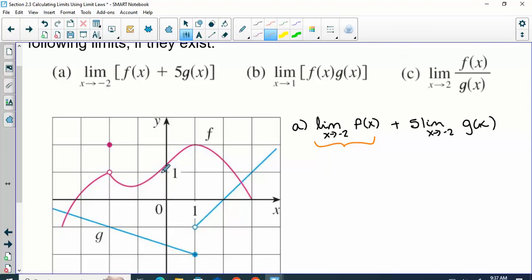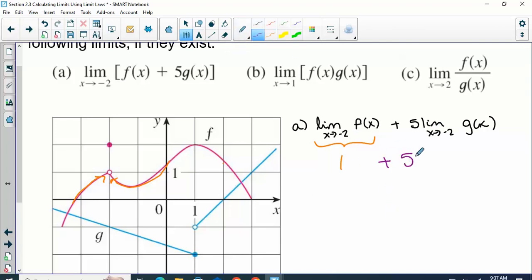As x is approaching negative 2, where is our graph going? On both sides, it is going to 1.